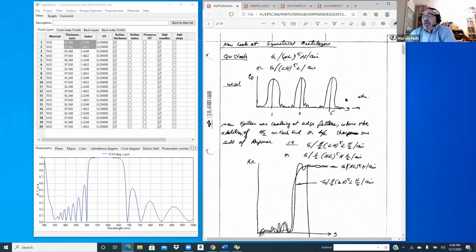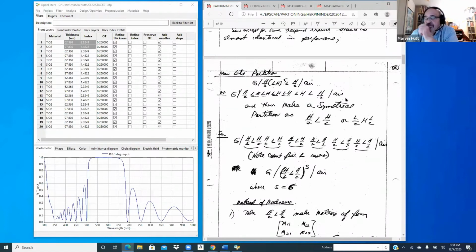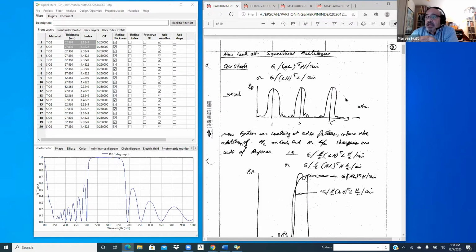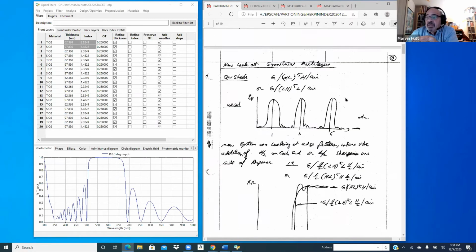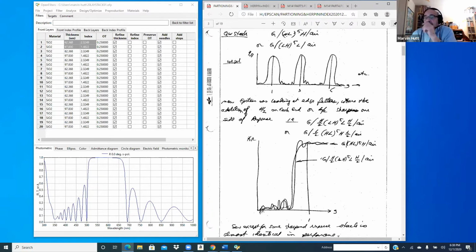All right, now let's talk about what the story was. Back in the 50s, there was Epstein, who ended up being a professor, a genius, Epstein and Herpin.